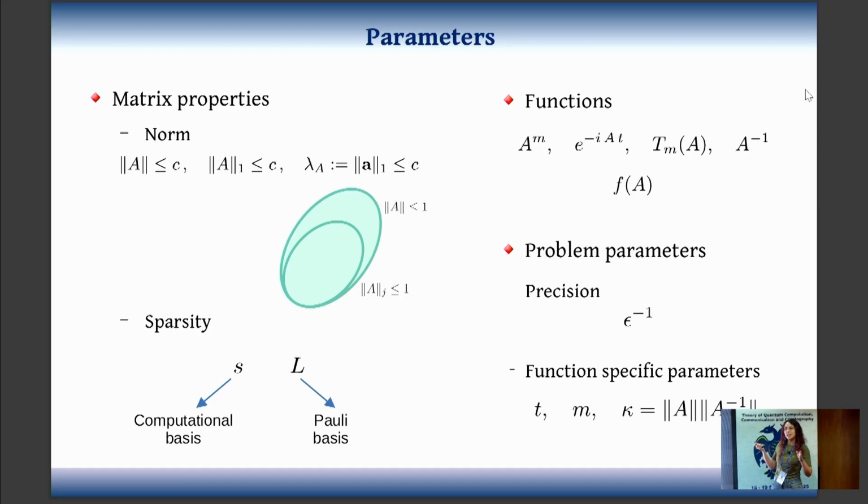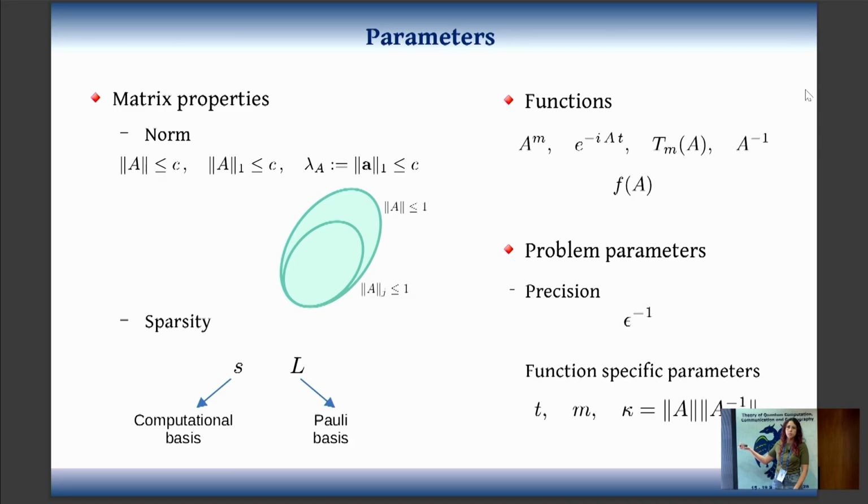So we consider a few functions: monomials, time evolution, Chebyshev polynomials, and matrix inversion. This might seem just particular examples of functions, but all of them can actually be used to construct other functions. So by studying them, you might guess some results about other more general functions.